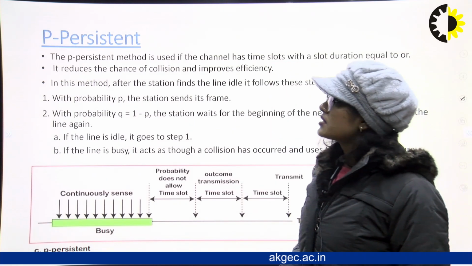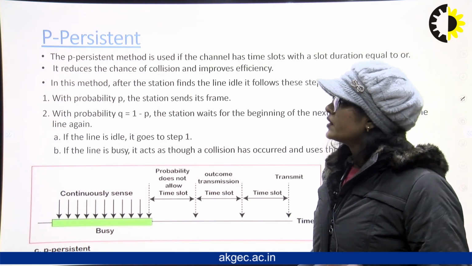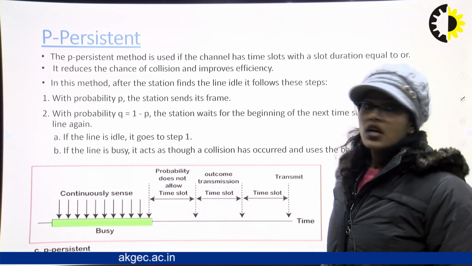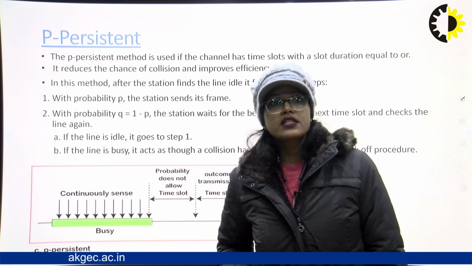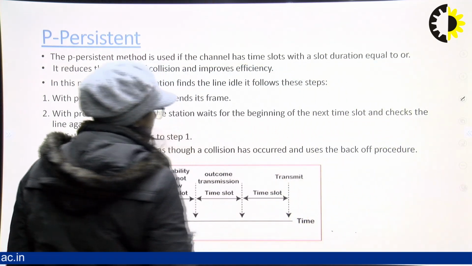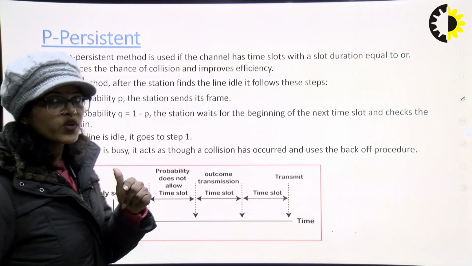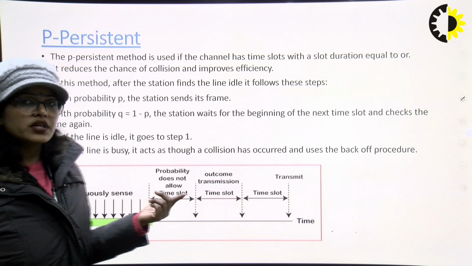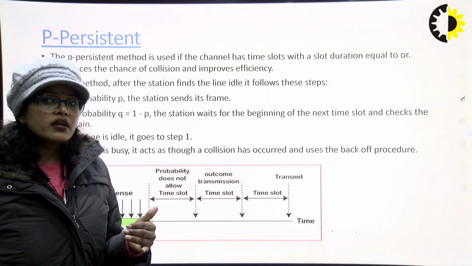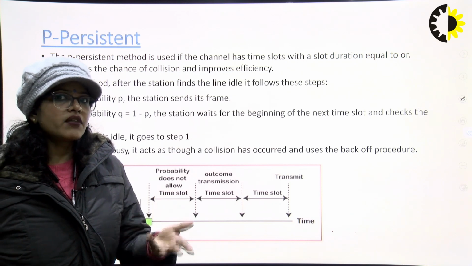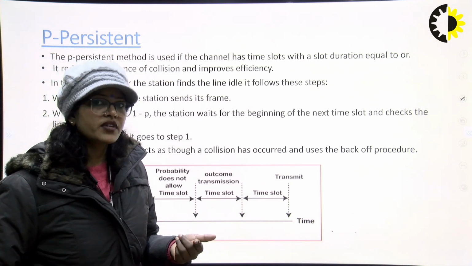Now we will discuss the p-persistent method, which is used if the channel has slots. In the previous two methods, we continuously sense the medium, or sense it after a random time.